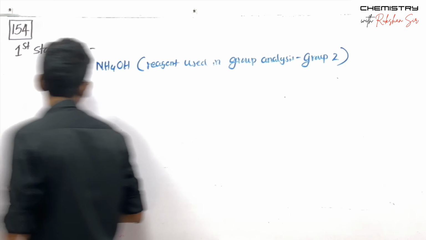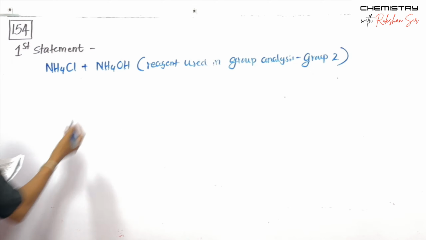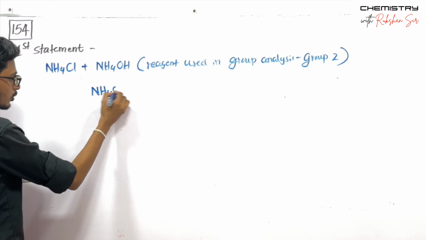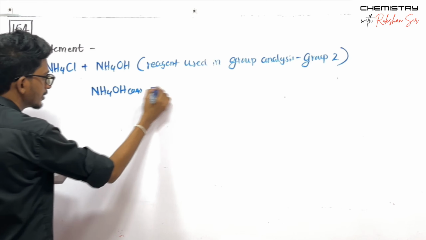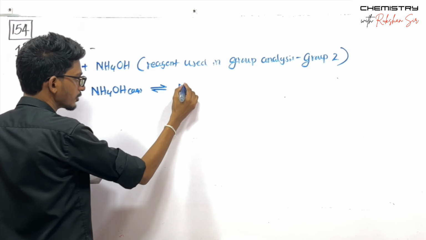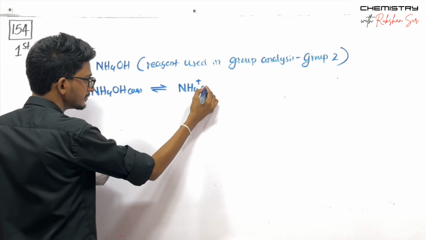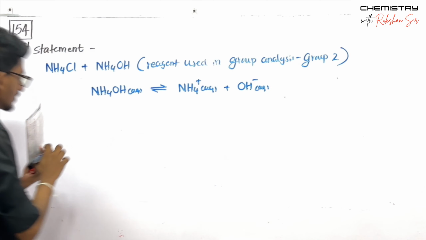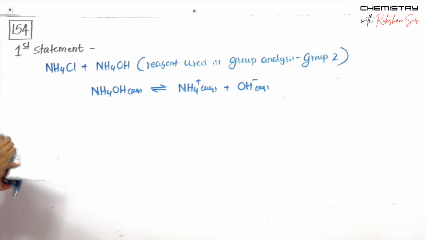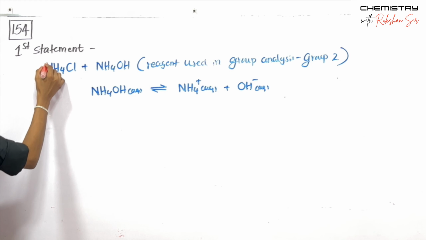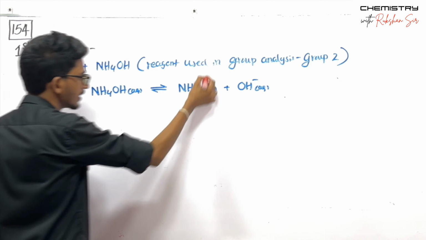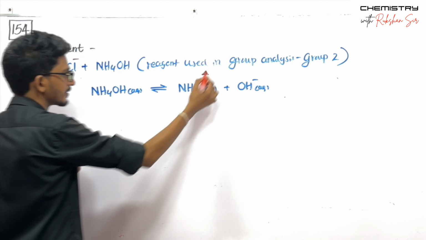So the theory here is like this. You have NH4OH, which provides OH minus ions to the medium. But what happens here is, with the NH4Cl, as the NH4+ amount is high, what happens?